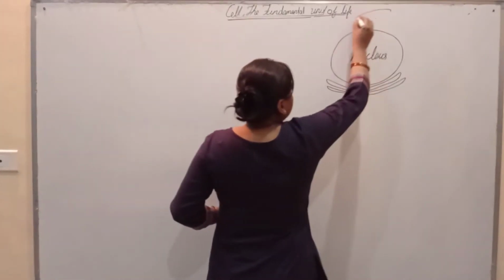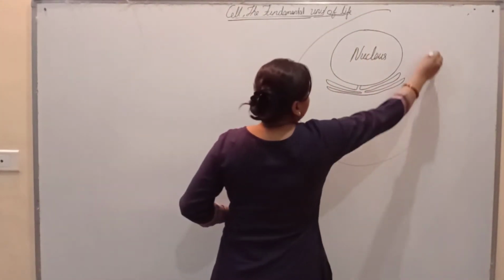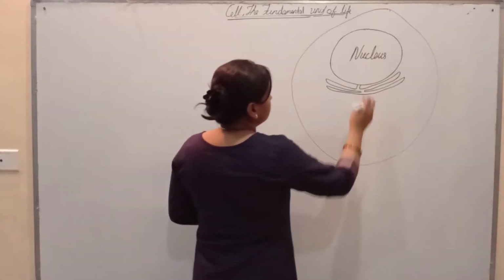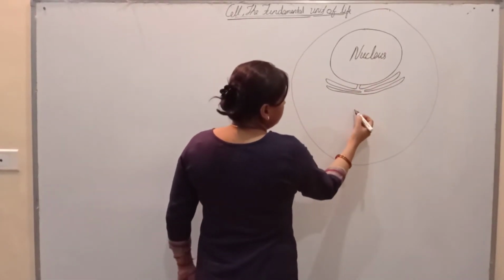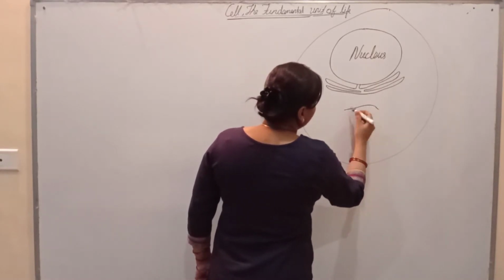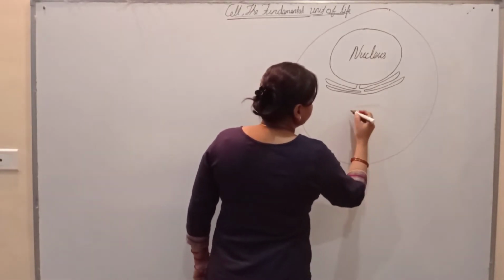Suppose this is the cell, this is the plasma membrane, this is the nucleus, and just near the endoplasmic reticulum, here the Golgi bodies are found.